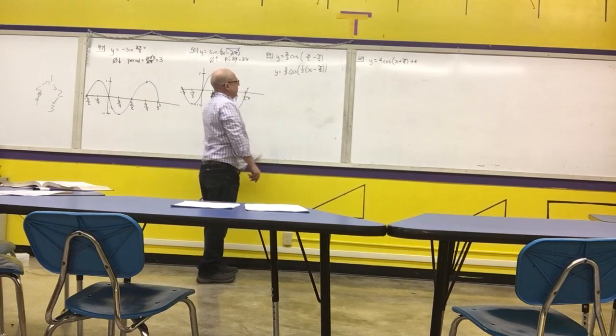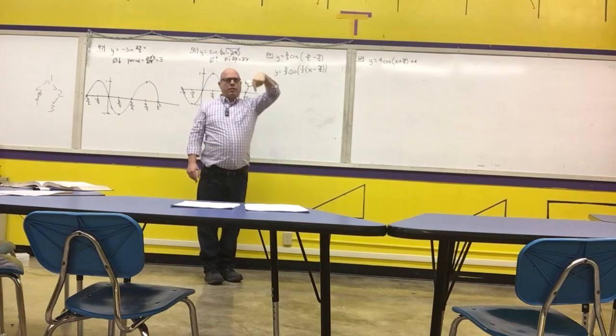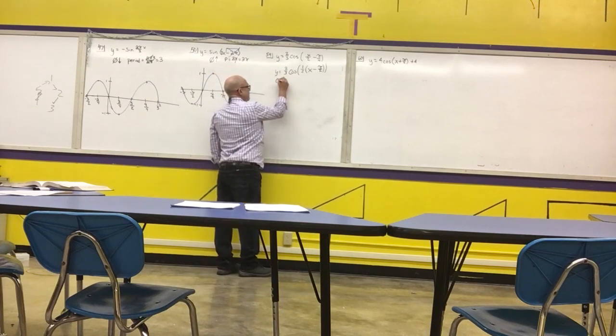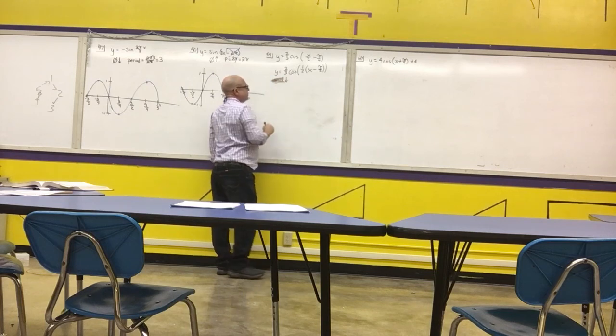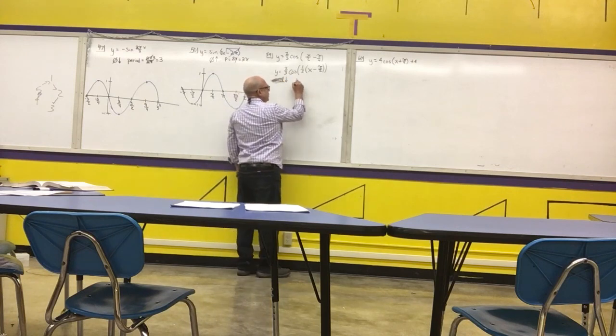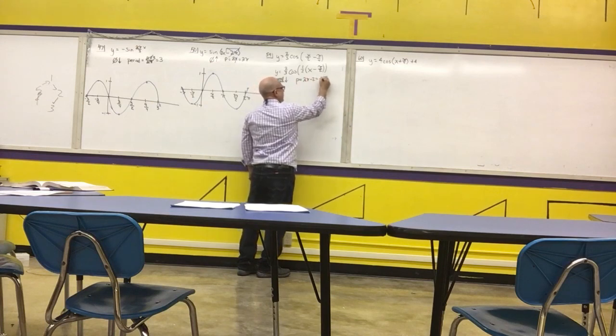Okay, same thing here. It's a cosine function. Cosines start at the number 1 going down. So cosine starts at 1 going down. My period is 2 pi divided by 1/2. Dividing by 1/2 is the same thing as multiplying by 2. So period is equal to 2 pi times 2, which is 4 pi.